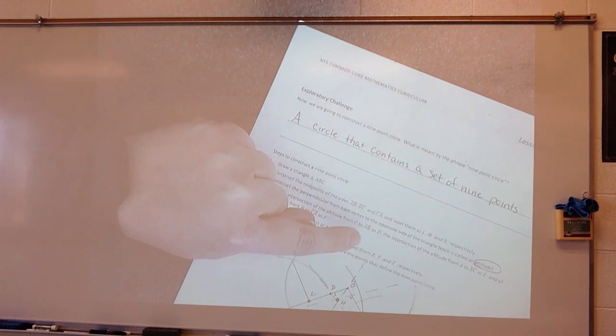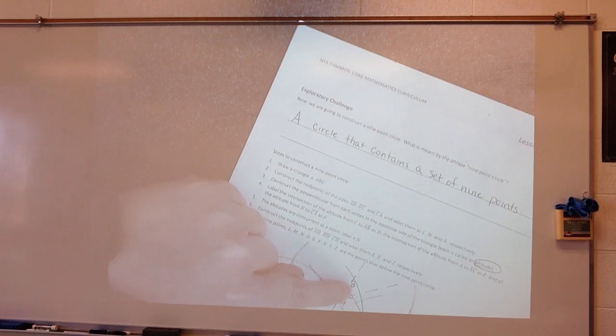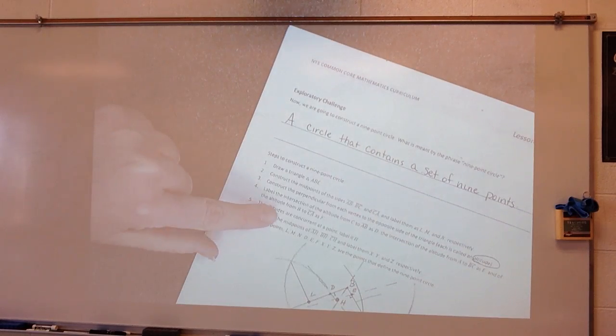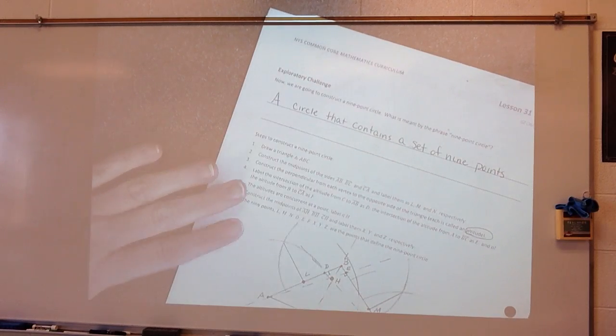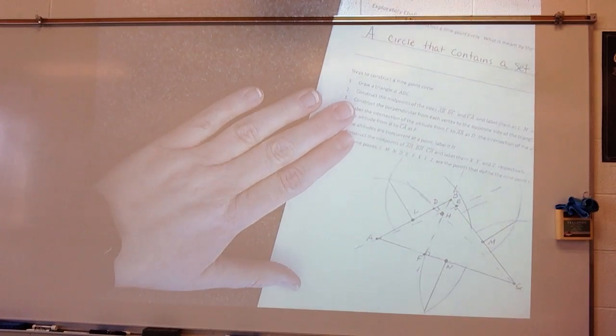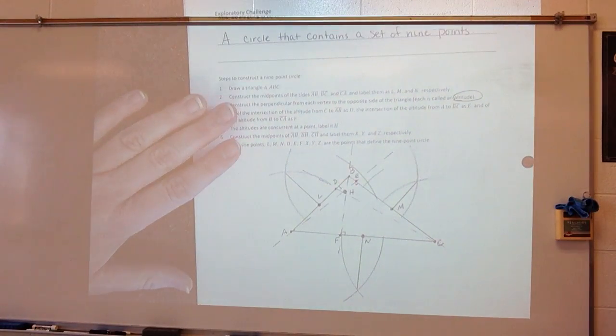Label the intersection of the altitude from A to BC. We're going to label that as E. Alright, and then from B to this point, we're going to label that as F. Alright, so we have a lot going on here.